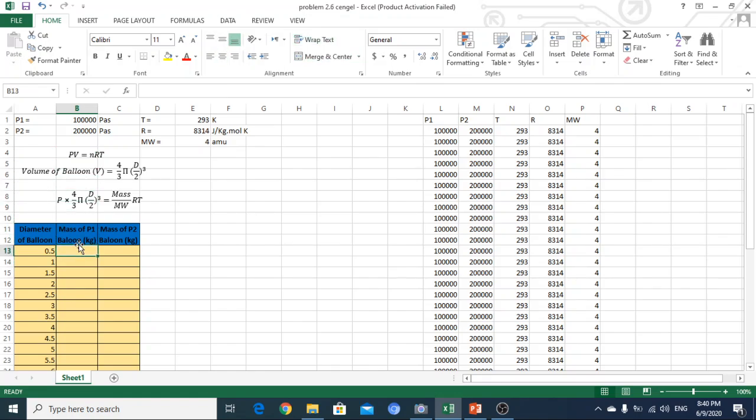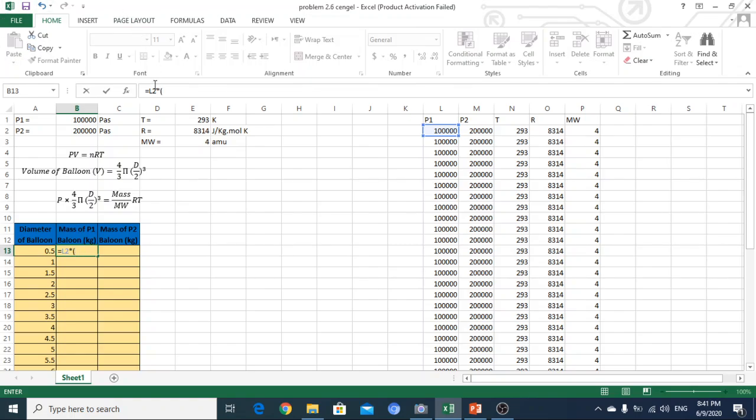It will be like mass is equals to the pressure value. For A part we will take 100 kilopascal, which is converted into pascals. Then we will multiply it with a factor of 4/3, bracket open.